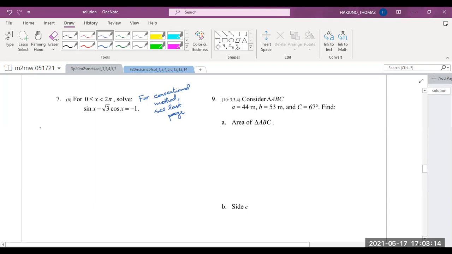Okay, but I will do using unit circle approach. Let A comma B equals cosine x, sine x, that be on the unit circle.